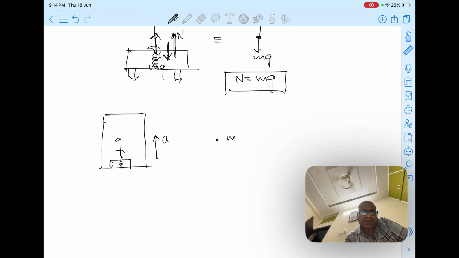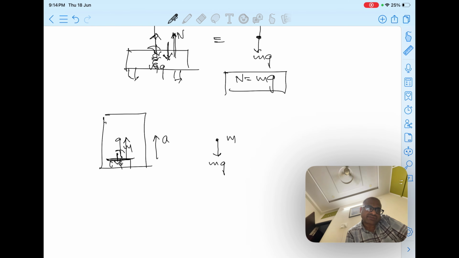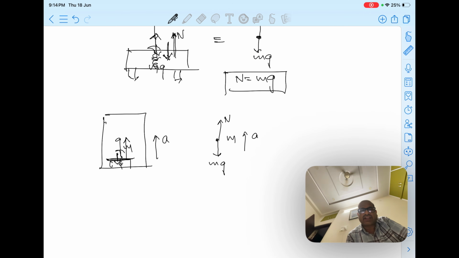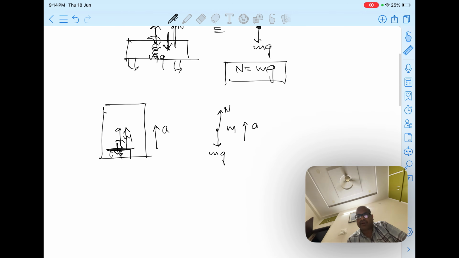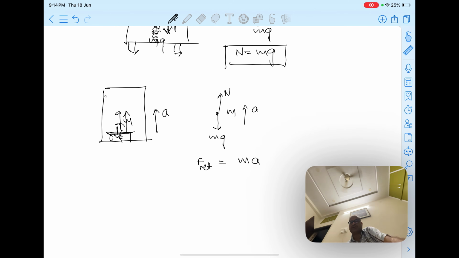Now consider the man of mass m standing on the weighing machine. His weight mg acts downward, and as he presses the machine, the machine presses the man in the vertical upward direction with force N, and the entire system accelerates upward. From the second law, F net is mass into acceleration.